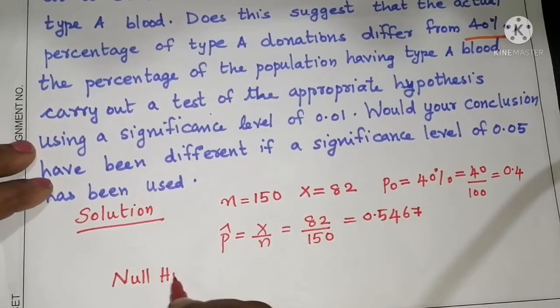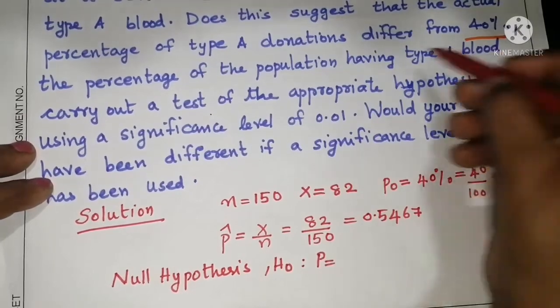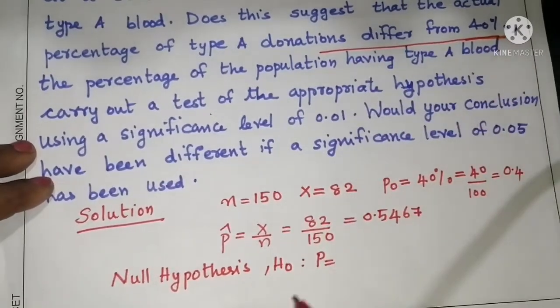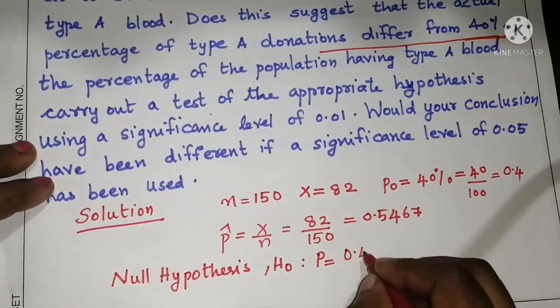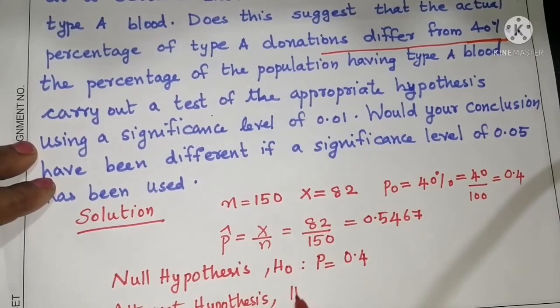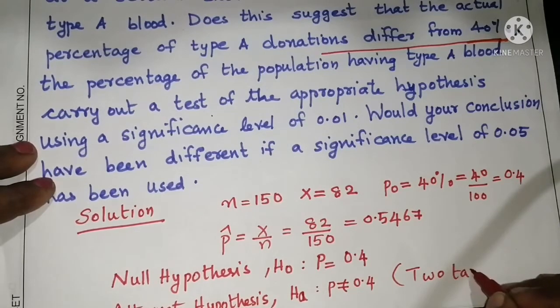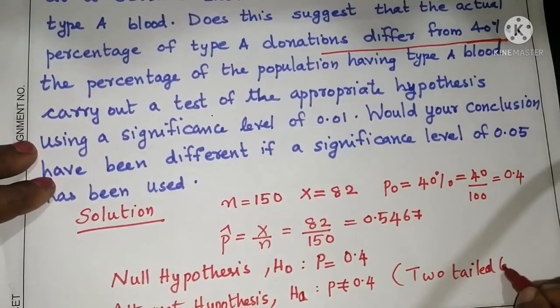Null hypothesis H naught: P equal to 40% or 0.4, which we get from the statement. Then the alternate hypothesis H1 is P not equal to 0.4. So it is a two-tailed test.